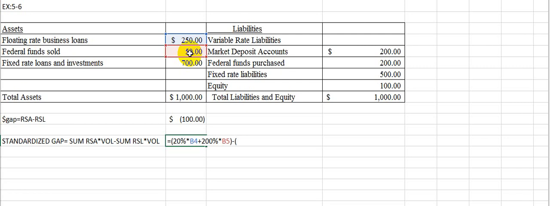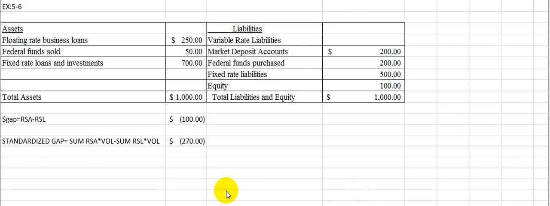It says here the variable rate liability other than the federal funds purchased is 10% as volatile as treasury bills, so it will be 10% times the money market deposit account, which is the other variable liability, plus 200% for the federal funds times 200, and it will be negative $270. As is obvious, the dollar gap, the naive gap, is negative $100 and the standardized gap is negative $270.